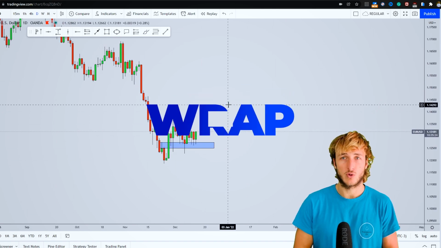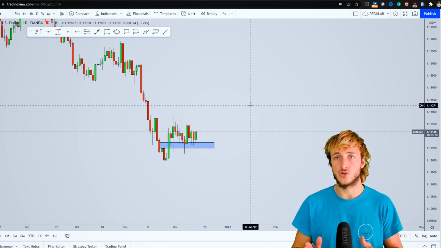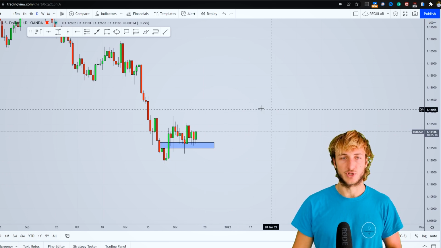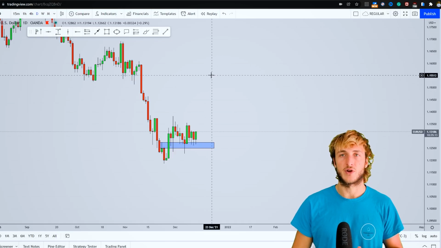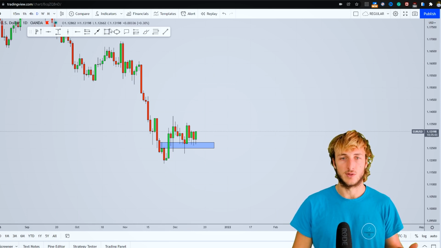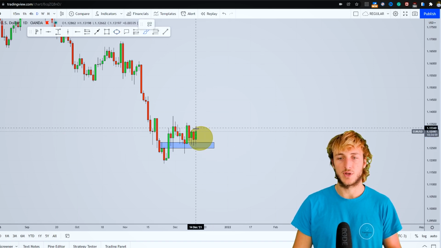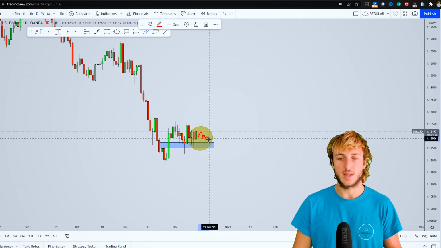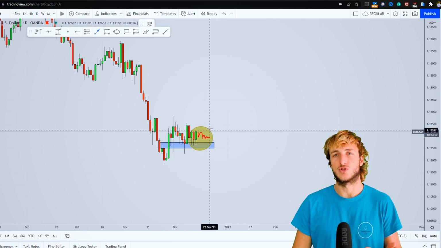So how we will be approaching this potential short-term longing opportunity here with students. Now, as usual, we will be reactive and not predictive. The monthly, weekly, and daily combined with the COT data, those are the best timeframes from a directional perspective. However, when it comes to confirmations and entries, the best timeframes are the intraday timeframes, so 4-hour and lower. Therefore, with students, what we will be doing is monitoring price action from an intraday perspective inside of this area, waiting for the market to shift from an intraday bearish market as we will have to an intraday bullish market.